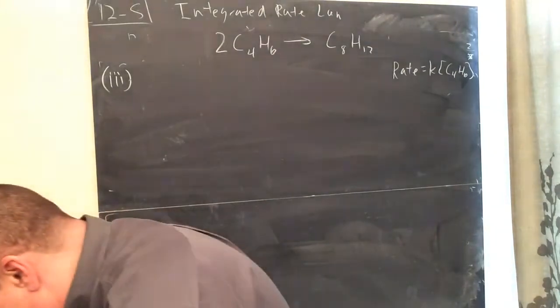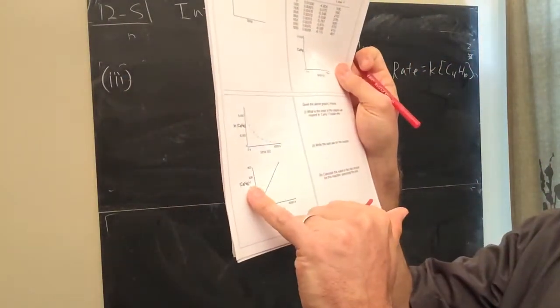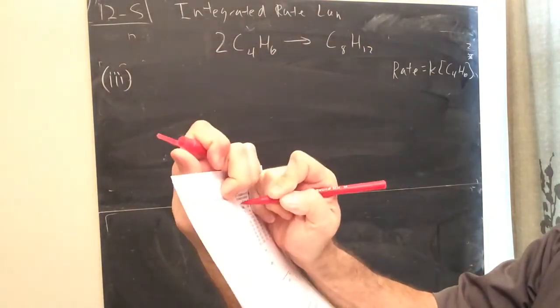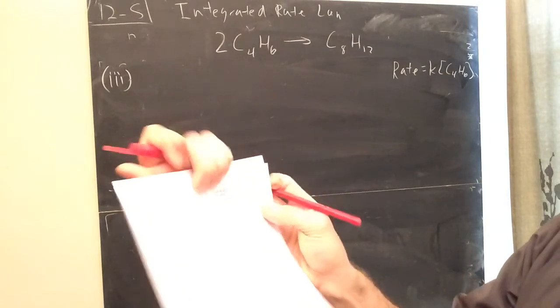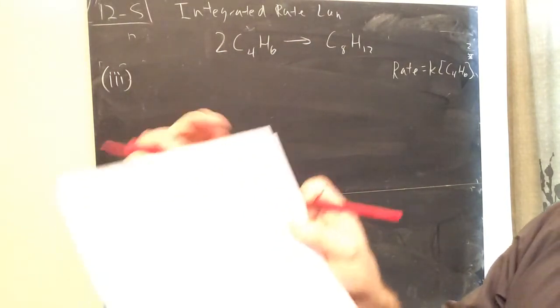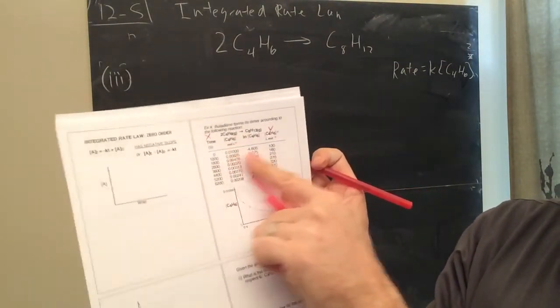I'm just going to circle. The positive slope was C4H6 to the negative 1 versus time. So I'm going to put time on my x-axis, and C4H6 to the negative 1 on my y-axis. Make sure you only look at these numbers and only look at those numbers. Don't ignore all these in here.